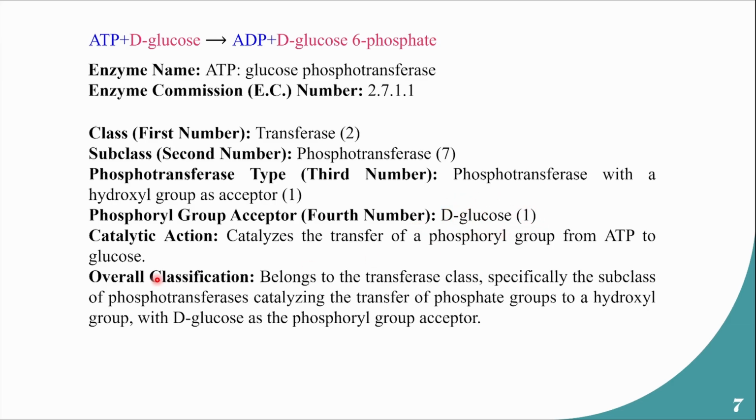In this way, you can find out the entire stretch of numbers for the enzyme function number. So the overall classification belongs to the transferase class, particularly the subclass phosphotransferase, catalyzing the transfer of phosphate groups to a hydroxyl group, with D-glucose acting as the acceptor for the phosphoryl group, right?